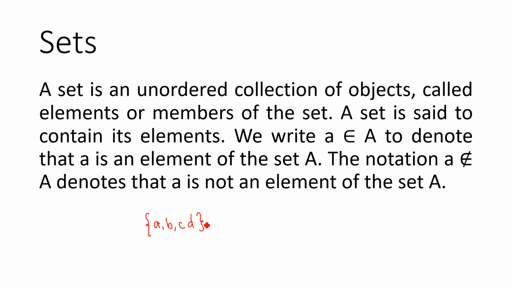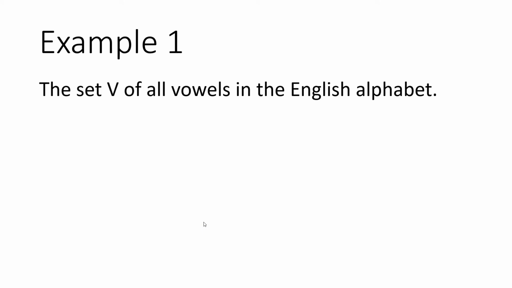This method of listing the elements of a set is called the roster method. For example, the set V of all the vowels in the English alphabet can be written as the set of a, e, i, o, and u.